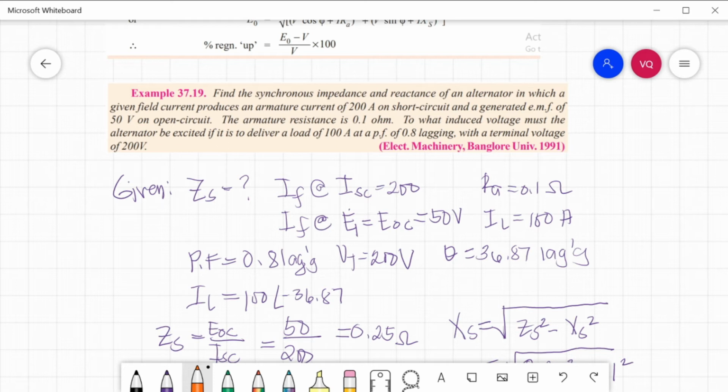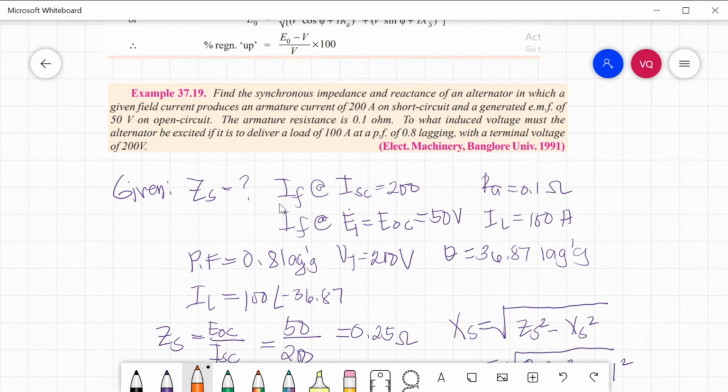So our alternator has to deliver a load of 100 amperes at 0.8 power factor lagging. And so what will be its EO, the no load voltage, given the following? The short circuit current is equal to 200 amperes.